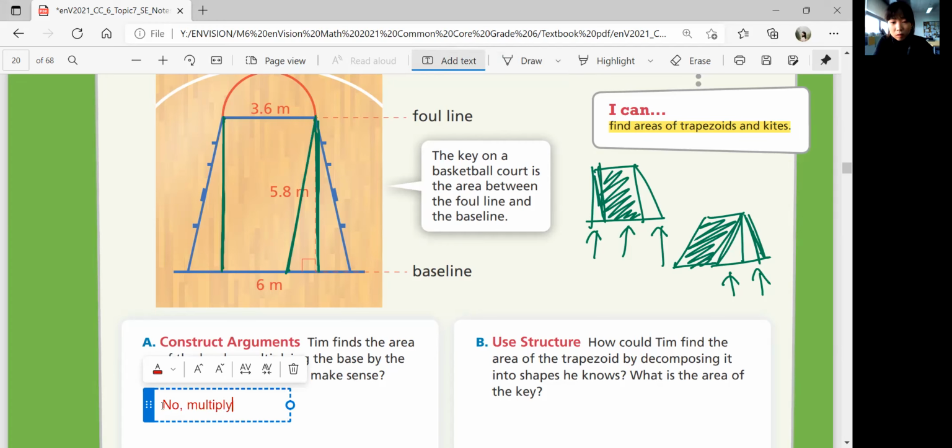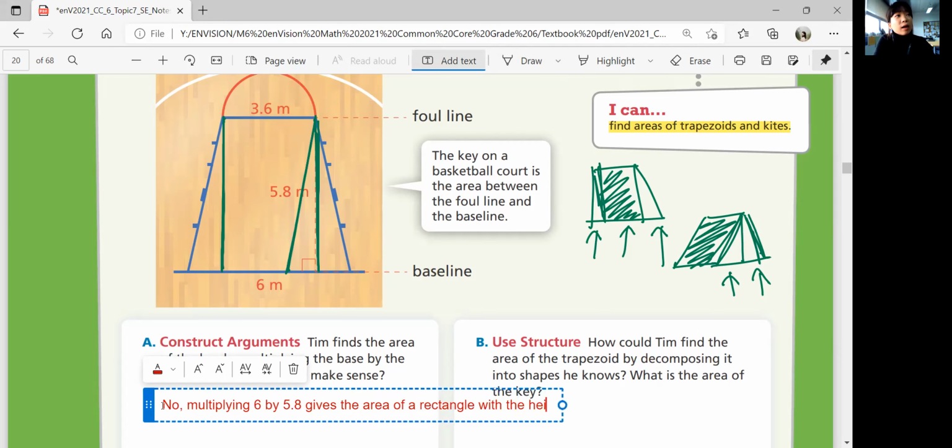multiplying 6 by 5.8 gives the area of a rectangle with the height of 5.8 meters and base of 6 meters.